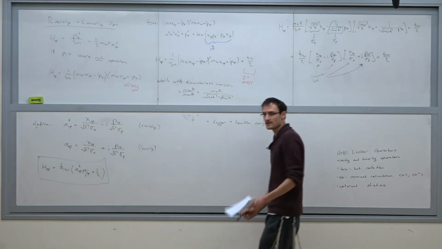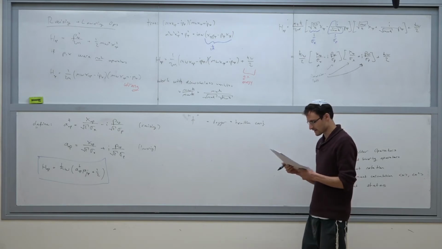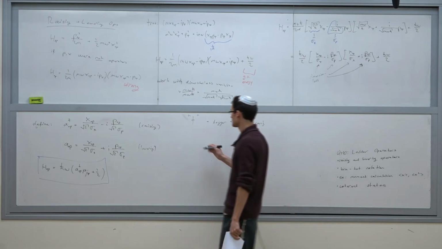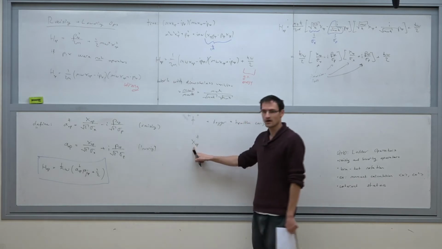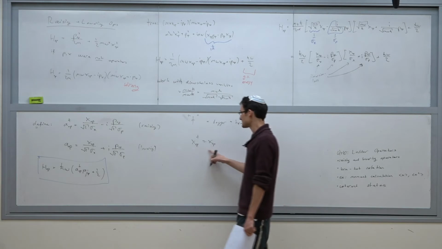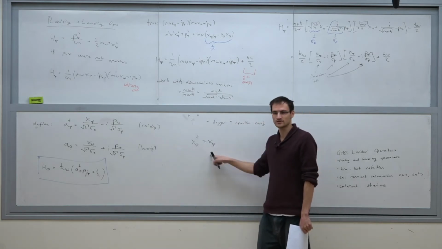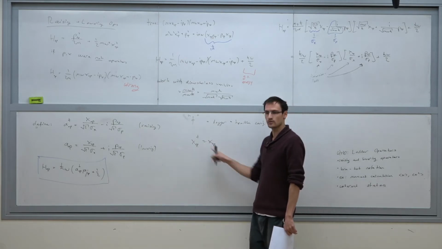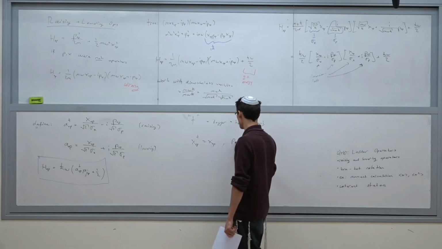This is a little different than the regular operators that we've met up till now, because most of our operators were Hermitian, right? So we know that, for instance, the Hermitian conjugate of the position operator is the same thing as the position operator. That's why it's called a Hermitian operator. A Hermitian operator, by definition, is an operator which is equal to its own Hermitian conjugate. The same goes for the momentum operator.